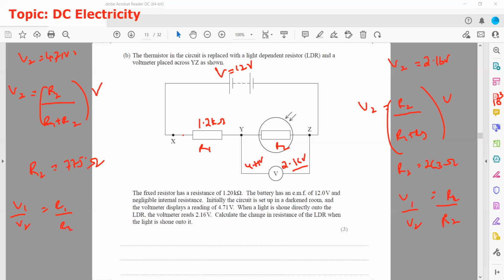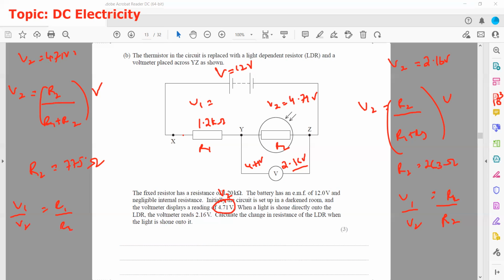So what about V1? The value of V1 will change according to the question. If V2 equals 4.71, then how much is V1? Because the total is 12, we subtract.